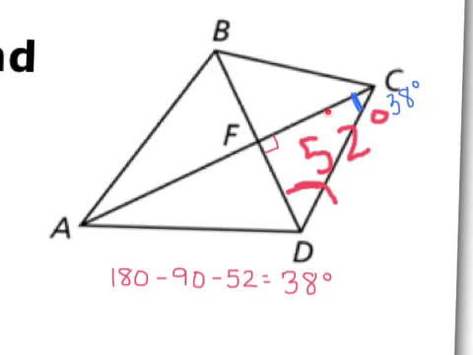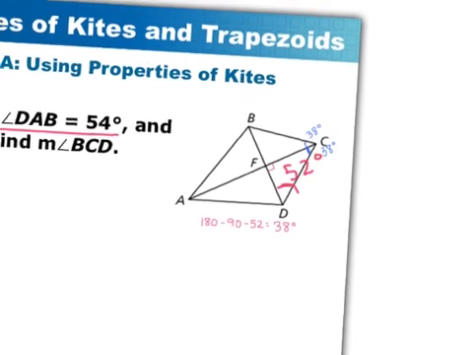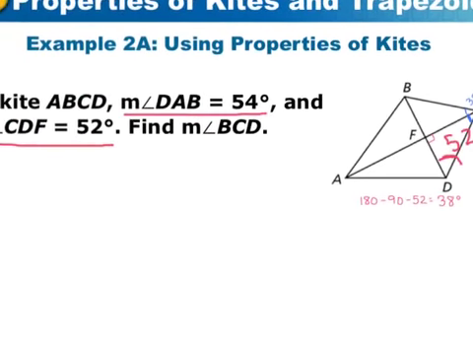It's a line of symmetry, so this top part is exactly equal to this bottom part, which means that this angle and this angle are exactly congruent. So if that's 38, then this is 38, and the whole thing put together, angle BCD would be 38 times 2, or 38 plus 38, which is 76 degrees. Again, probably some other ways you could have gone about that, but that's the way that came to mind for me.